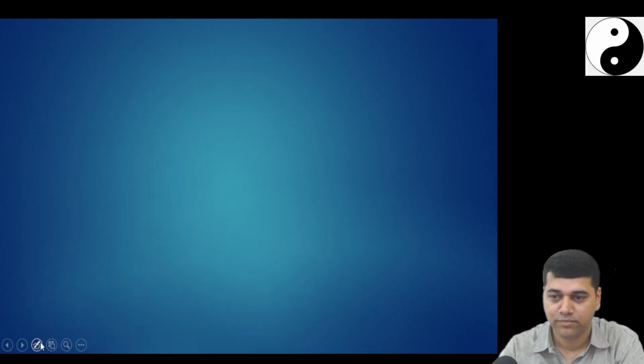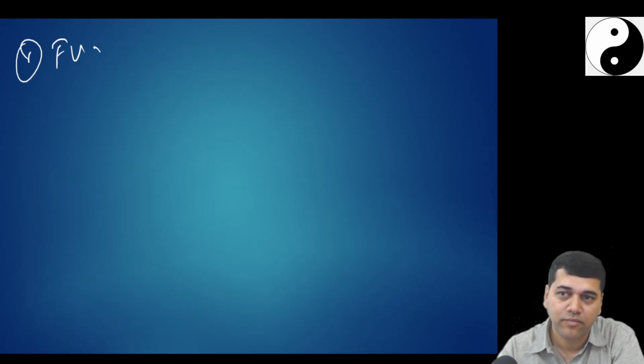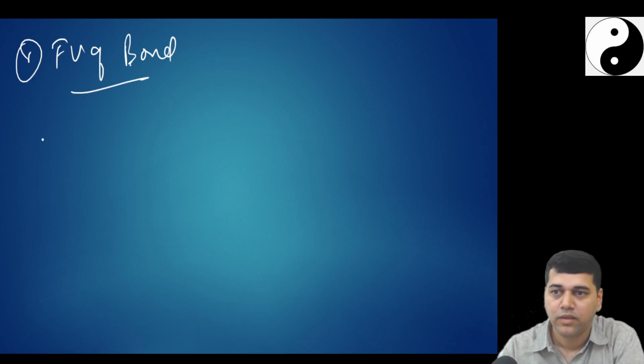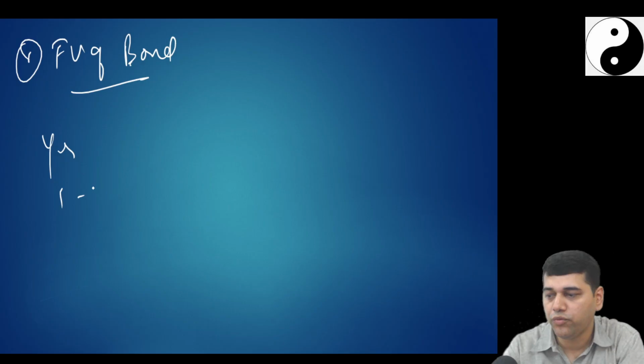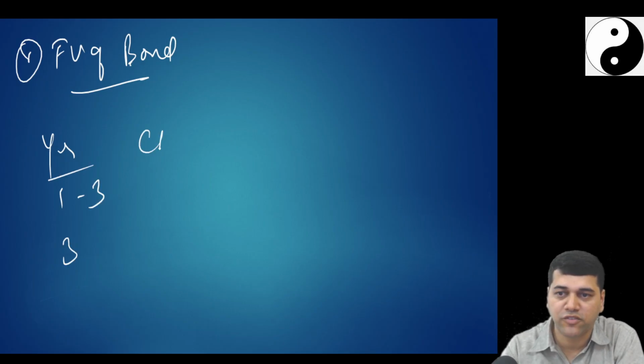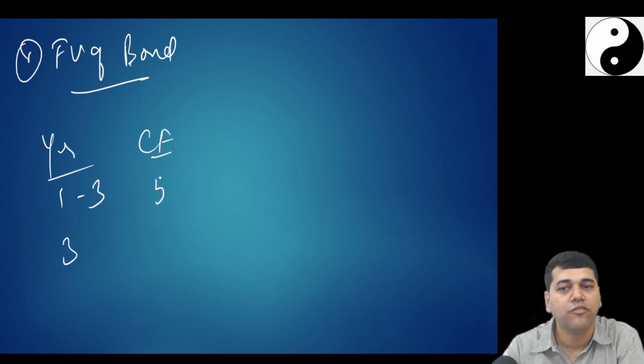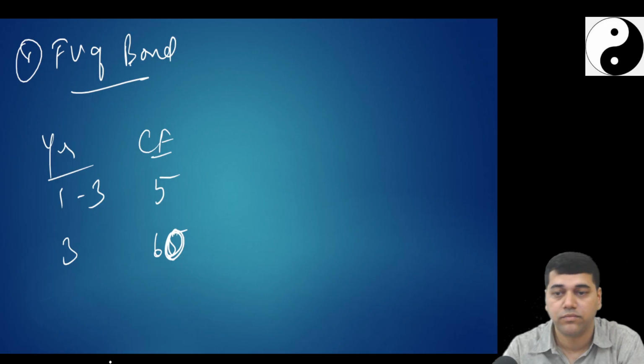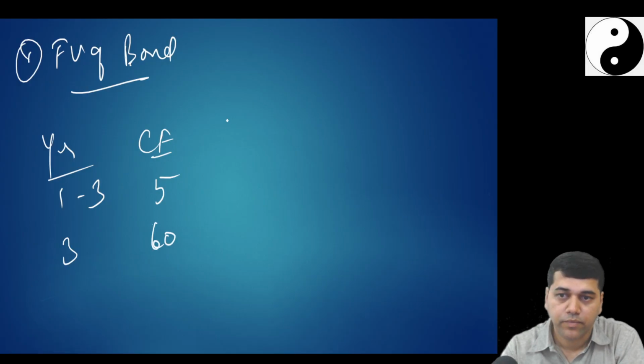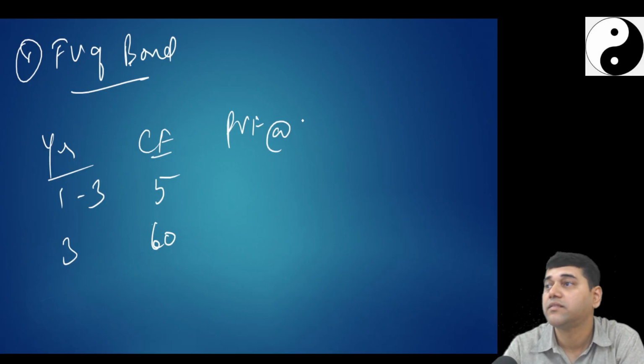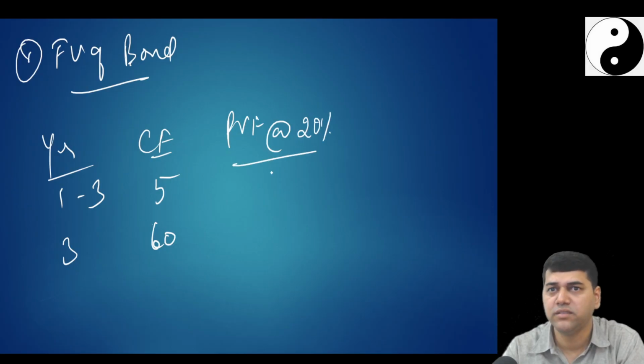Okay, what should I do first? Fair value. What is my fair value? What is my cash flow? Years 1 to 3, 5. Year 3, 65. Sorry, 60. Present value factor at what rate? 20% market rate of interest.